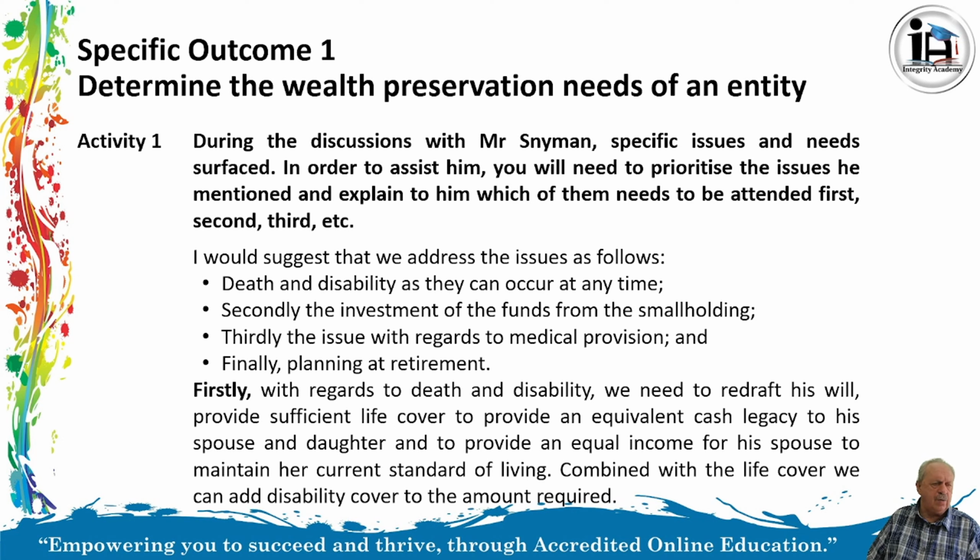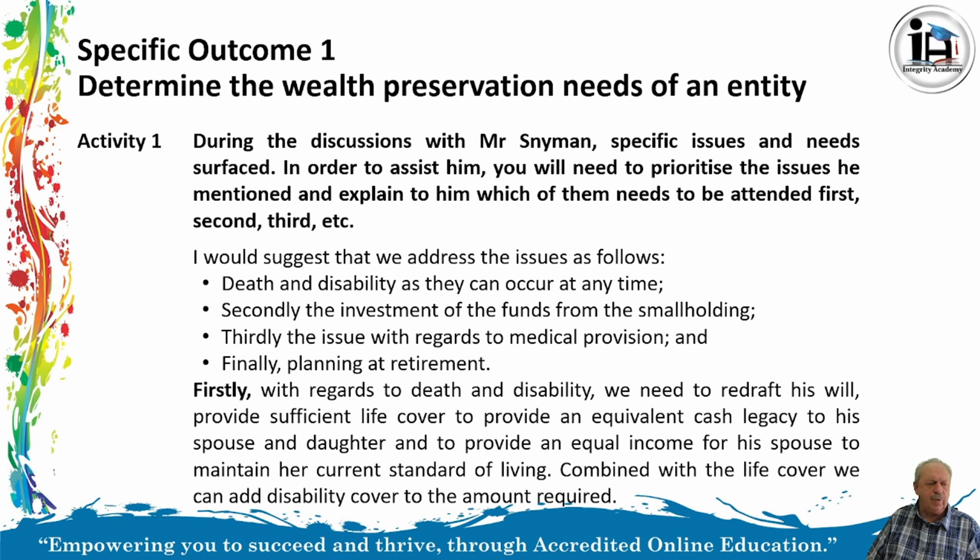So first, with regards to death and disability, we will need to redraft his will, provide sufficient life cover to provide an equivalent cash legacy to his spouse and daughter, and to provide an equal income for his spouse to maintain her current standard of living.